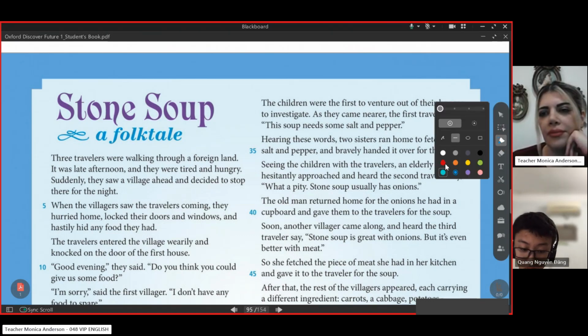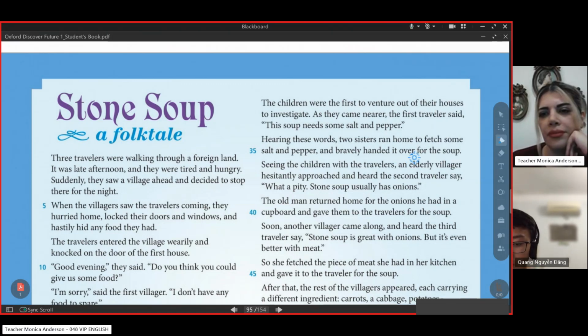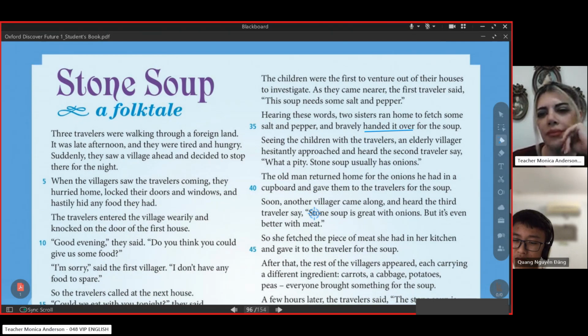Seeing the children with the travelers, an elderly villager hesitantly approached and heard the second traveler say, "What a pity. Stone soup usually has onions." The old man returned home for the onions he had in a cupboard and gave them to the travelers for the soup.